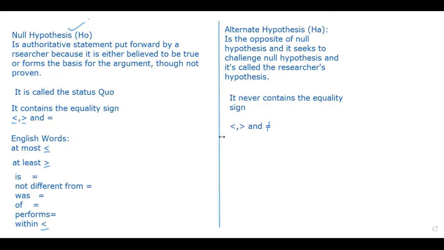So here I have the English words as well. When you see above, it means what? Greater than. When you see below, it means less than.